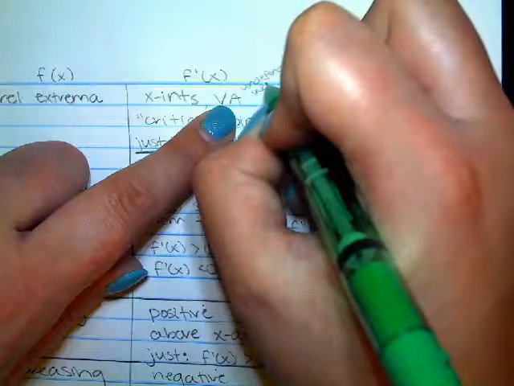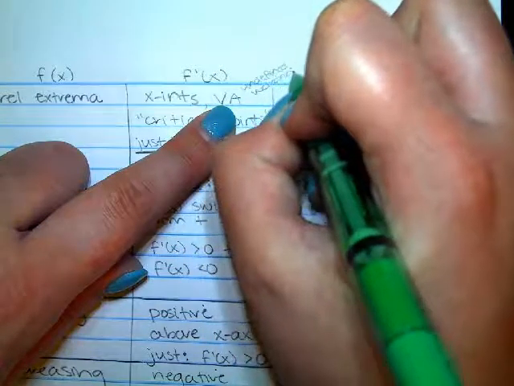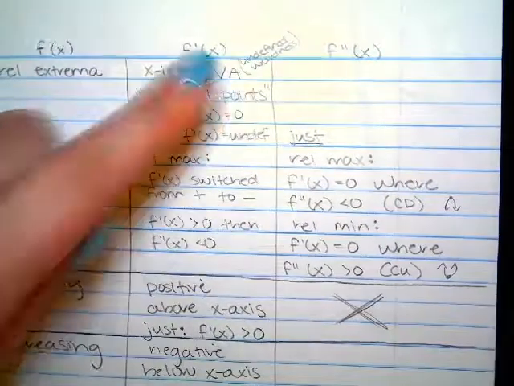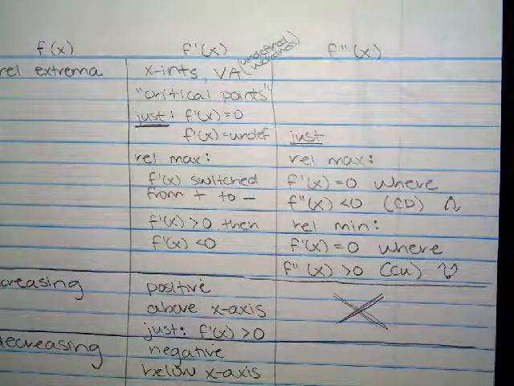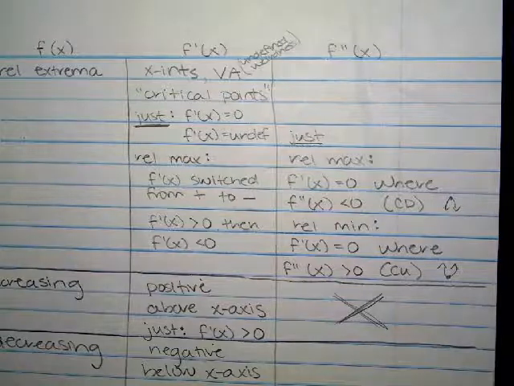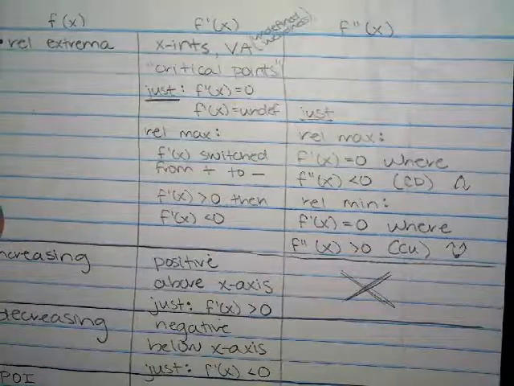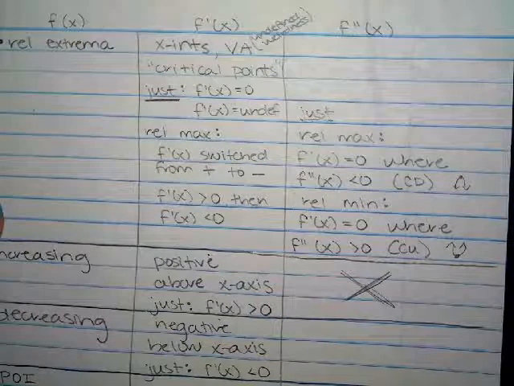Although I will say this is not nearly as common. Typically, you're going to find those just as x-intercepts. Honestly, I do not typically see them as anything other than x-intercepts. But it could be something else. It could be a vertical asymptote or something else. Okay, so x-intercept, something where it's undefined.